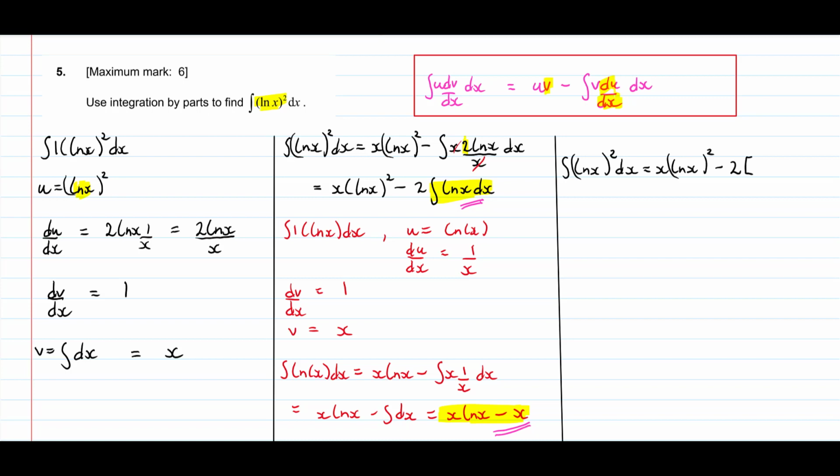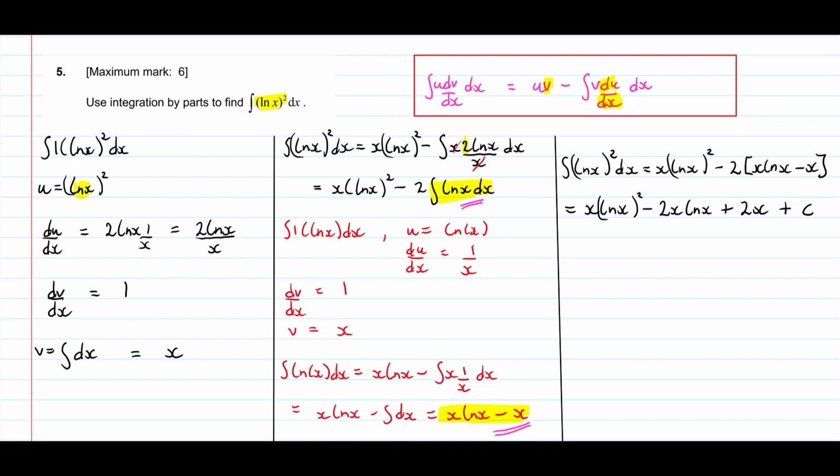So now I've got 2 times (x ln x minus x), and simplifying that out is going to equal x (ln x) squared minus 2x times ln x, and then minus 2 times minus x is 2x, and then we'll just add our constant of integration.